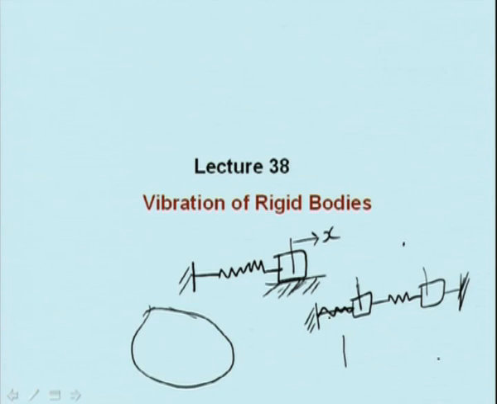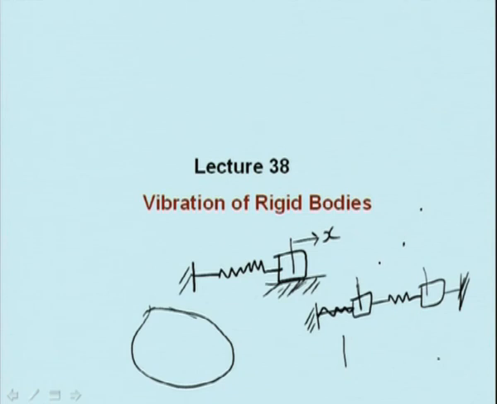Similarly, a rigid body can undergo 6 degrees of freedom, 3 translations, the center of gravity can move in x, y and z direction, and once we fix the center of gravity, then the body can be oriented in 3 ways by theta, phi and another angle alpha.